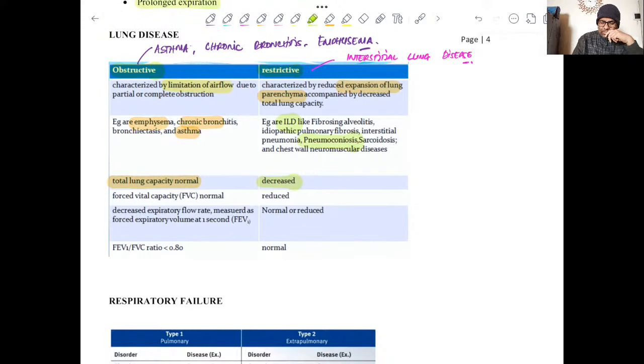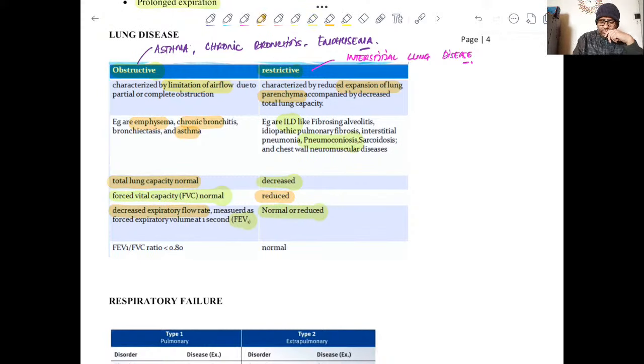Then forced vital capacity: because the lung parenchyma is not involved, forced vital capacity will be normal in the obstructive type. Since parenchyma is involved, forced vital capacity is reduced in restrictive. Now what is more important for you to remember here is the term FEV1, that is forced expiratory volume in the first second. That is grossly reduced in obstructive type, whereas it is not affected in the restrictive because the airways are okay here.